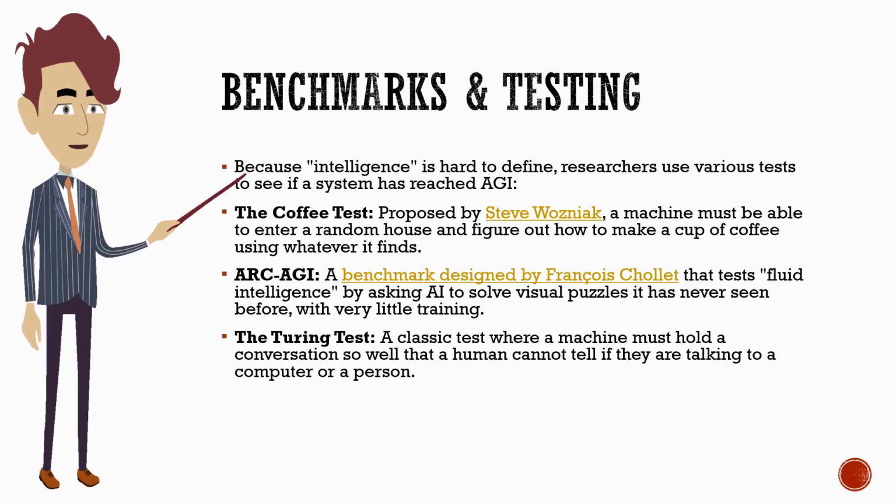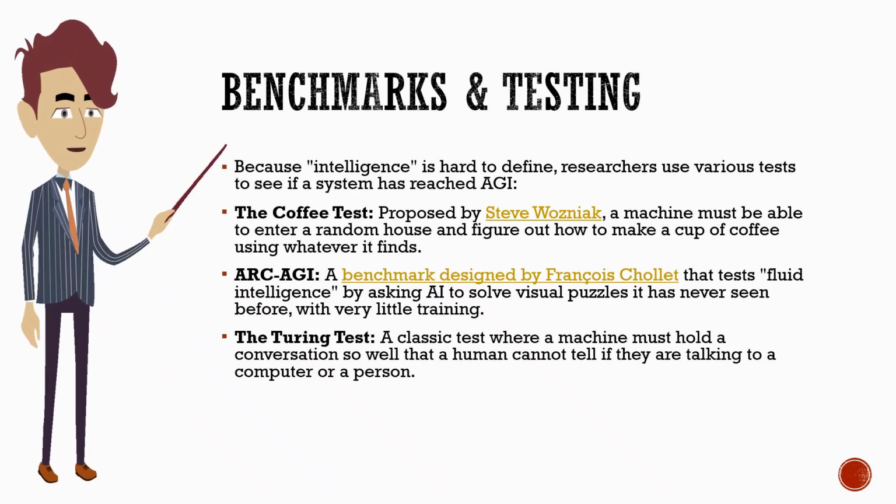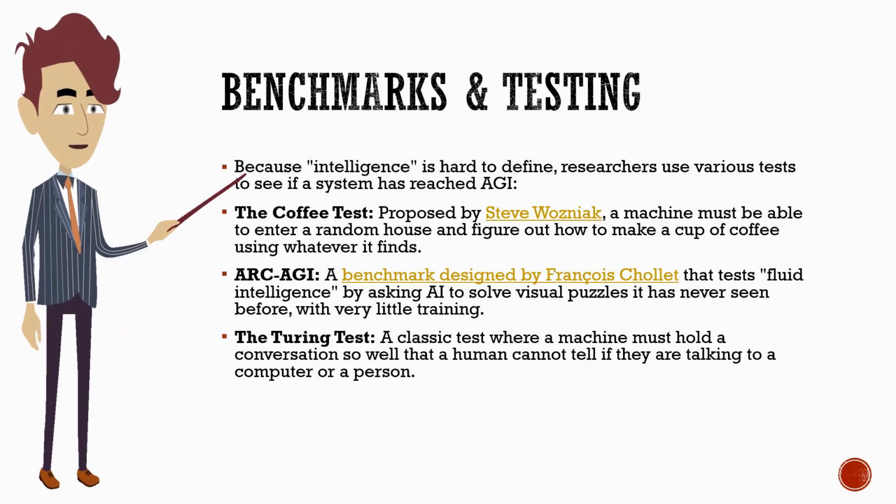Then there was a very famous test known as the Turing test. Basically, the Turing test is a classic test where a machine should be able to hold a conversation in such a manner that the person with whom the machine is talking should not be able to identify whether he or she is talking with a real human or a machine, right?